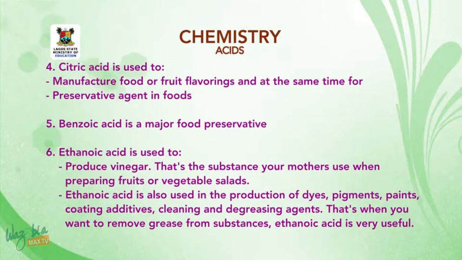That's the substance your mothers use when preparing fruit or vegetable salads. Ethanoic acid is also used in the production of dyes, pigments, paints, coating additives, cleaning and degreasing agents. That's when you want to remove grease from substances. Ethanoic acid is very useful.